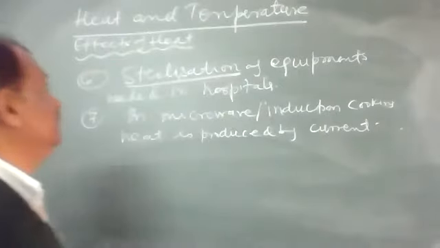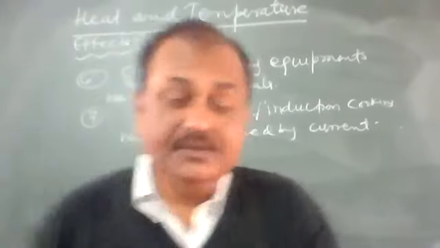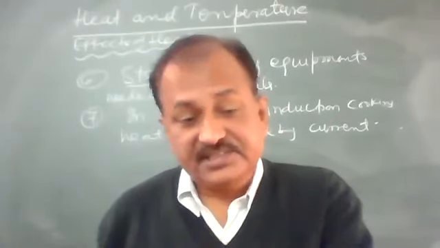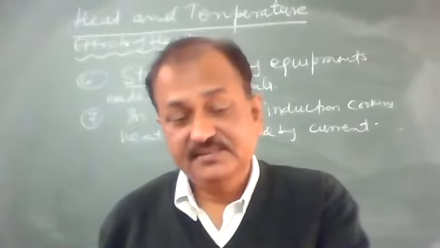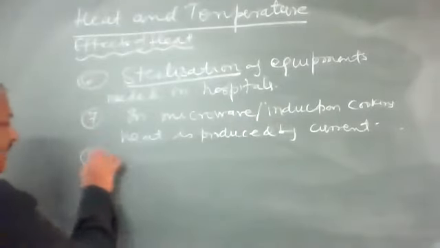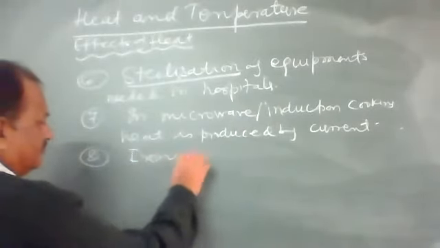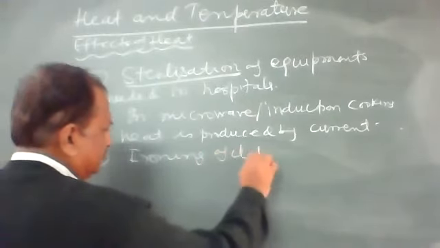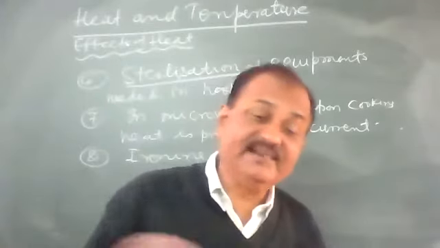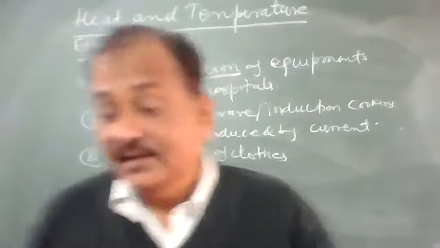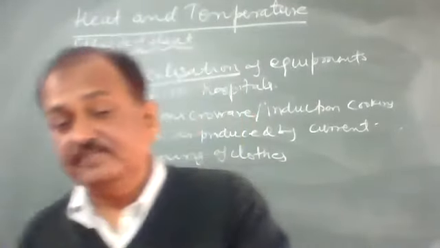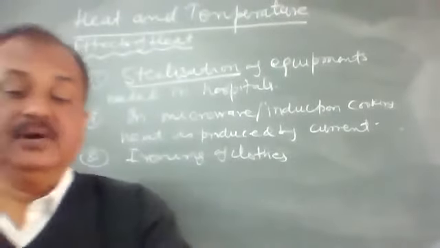So this is a very limited point about the usage of heat. You may say ironing of clothes. Clothes are ironed by an electric press. So it is the heating effect, the utilization of heating, and so this is about the point.